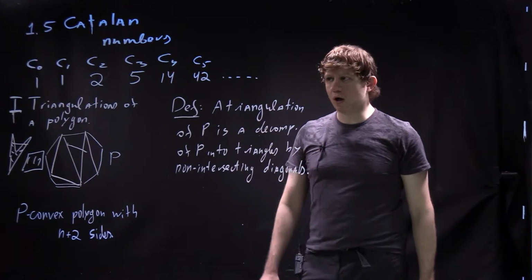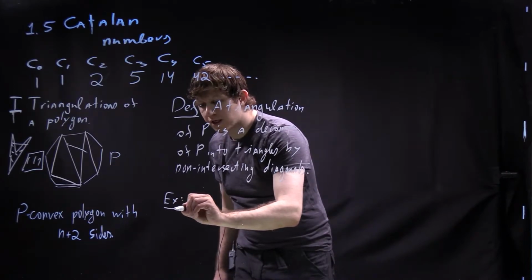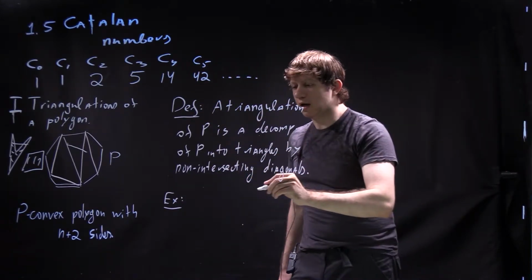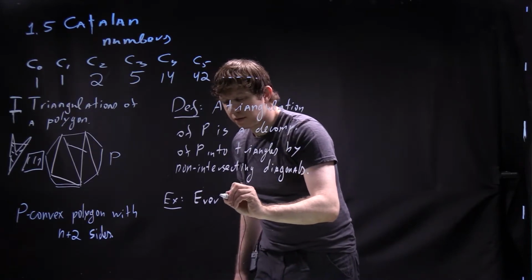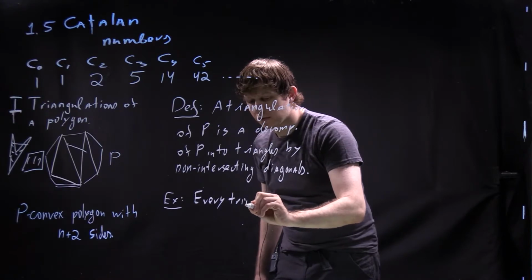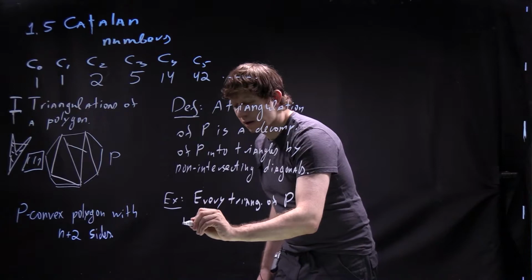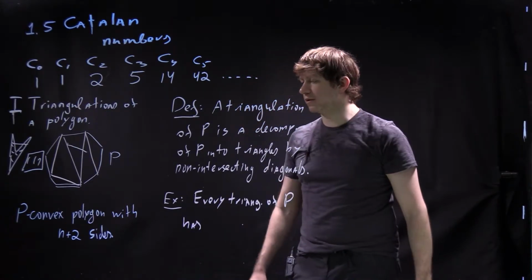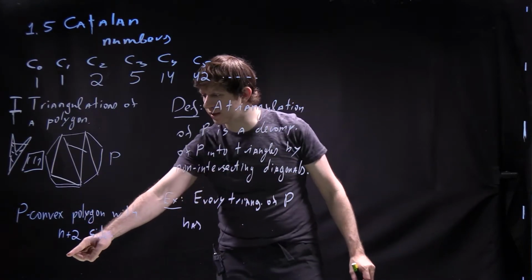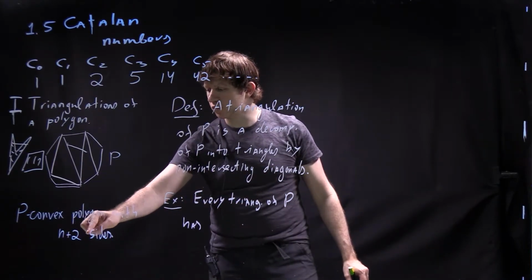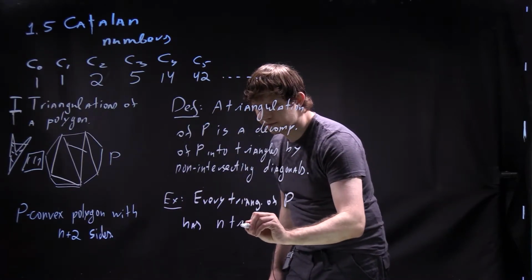Okay, so maybe a little exercise for you to think about is that every triangulation of P has how many triangles? A triangle has one triangle in its triangulation, so for n equal to 1, it's 1, for n equal to 2, it's 2, so it has n triangles.